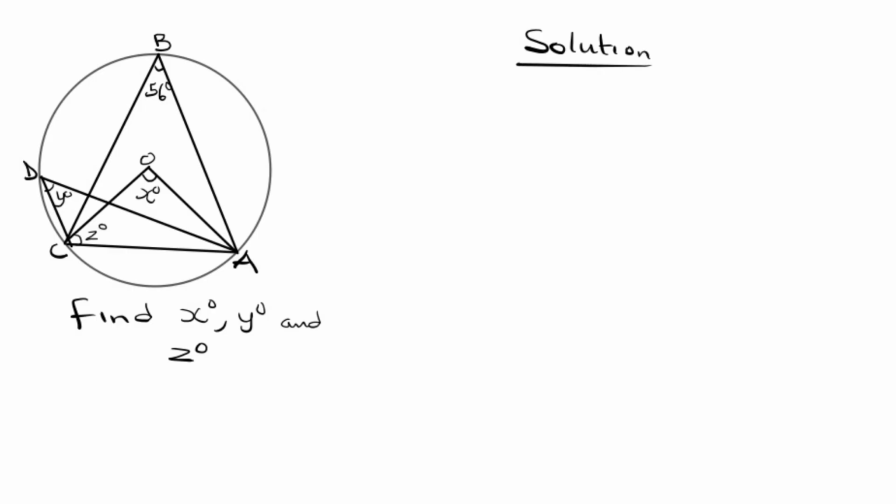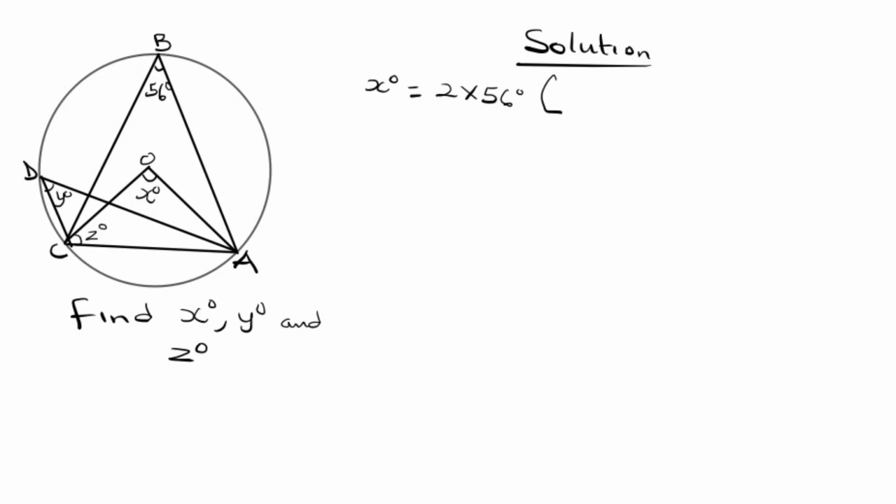Now if you look at it carefully, you will discover that this value of x degree is equal to 2 times 56 degrees. The reason is this: the angle at the center, like this x degree, is twice the angle at the circumference, this angle. So that's the theorem. Understood?